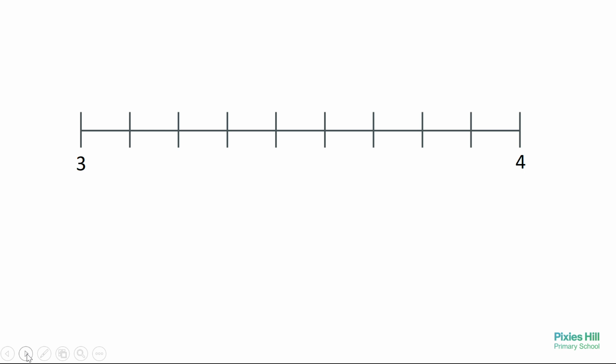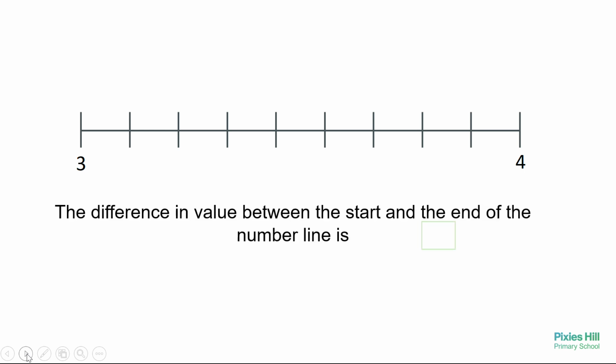At this stage, children will also practice representing mixed numbers on a number line. If we look at this example, the first thing we would draw children's attention to is the start and end point of our number line, which in this case is 3 and 4. So the difference in value between the start and the end of the number line is 1.